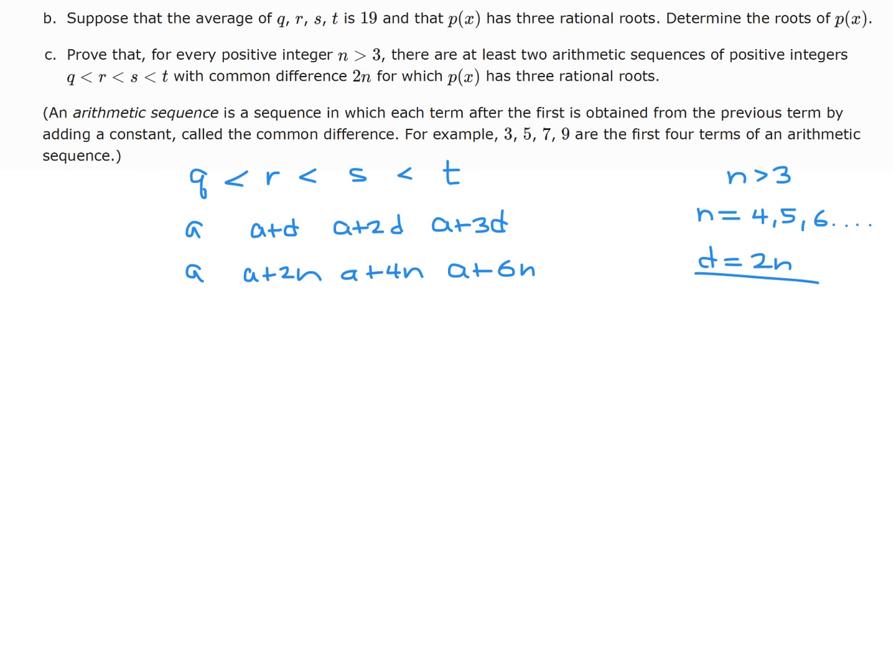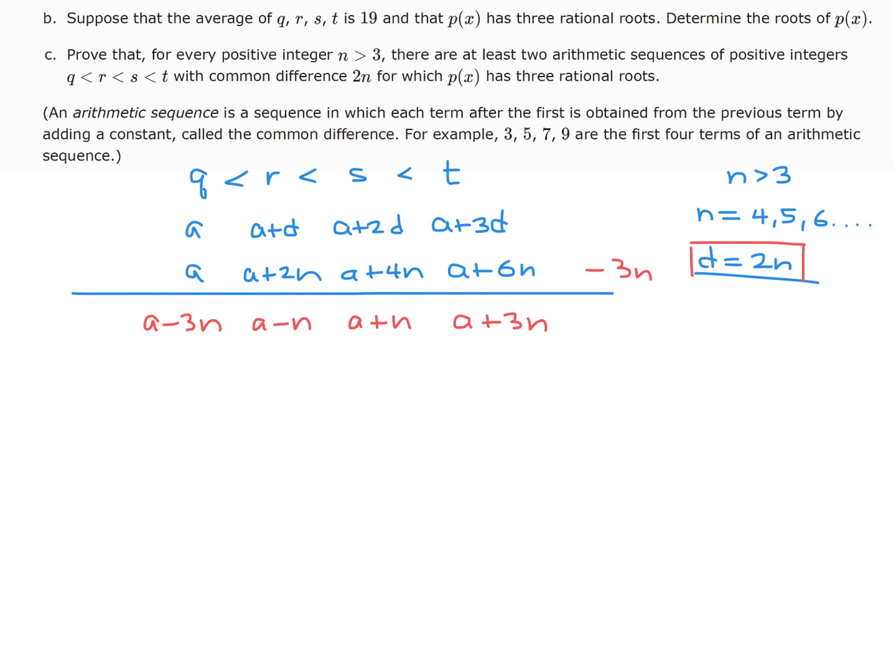But I think the algebra will be easier if I subtract 3n from everything. So make this a minus 3n, a minus n, a plus n, a plus 3n. It's still an arithmetic sequence with a difference of 2n. So it's still valid. It just makes the algebra a little easier when I plug it into p of x.